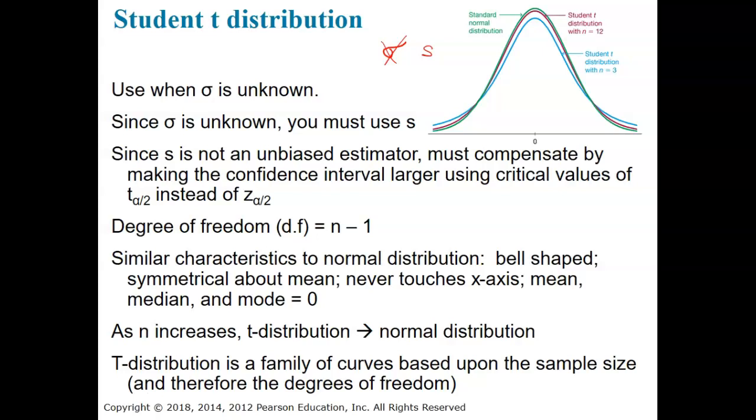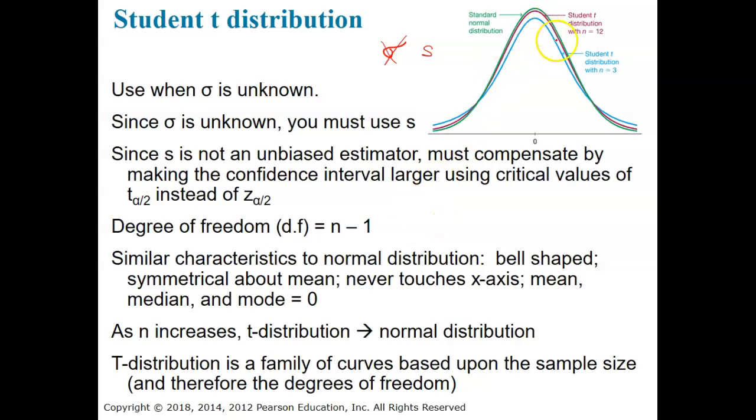But S itself is not an unbiased estimator. So as a compensation for using something that's not an unbiased estimator, we have to use this T distribution to compensate for that. So we have slightly larger confidence intervals because we're using something that's not a truly unbiased estimator. So we're going to use this student T distribution to compensate for that.